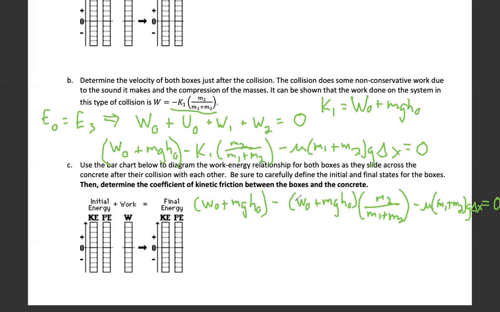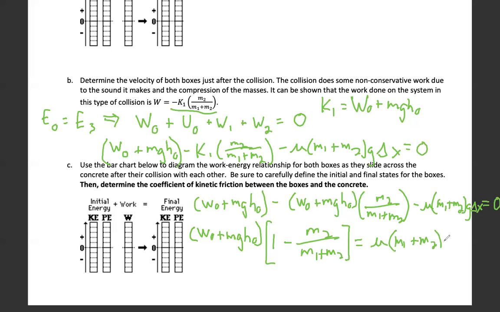And then notice we could even factor this out. We could say work naught plus mgh naught times 1 minus m2 over m1 plus m2 would equal mu times m1 plus m2 times g delta x.